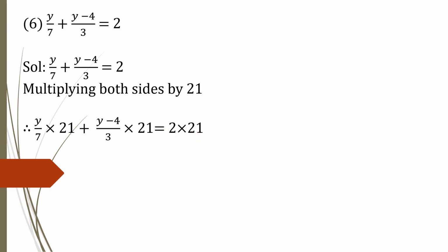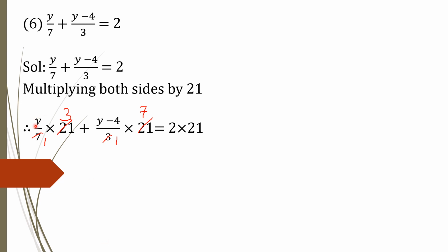Now student, we can simplify, 7 ones are 7 and 7 threes are 21. So you can solve. So you see, we removed the denominator. And this also will cancel. 3 ones are 3 and 3 sevens are 21. Okay, student.